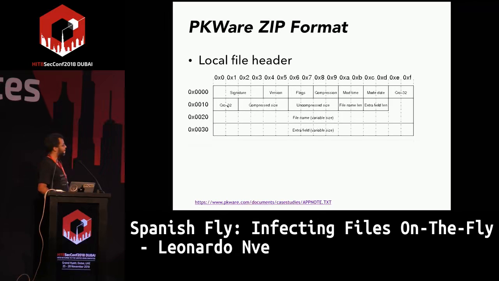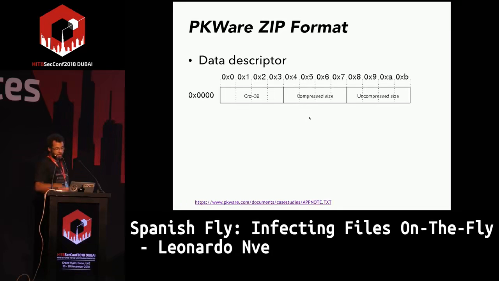No, sorry, of the file, and the compressed size of the file data, and the uncompressed size of the file data, then the file name. After this header, we find the compressed data, and after that, the data descriptor. Again, it's redundant information: the CRC32, the compressed size, and the uncompressed size.